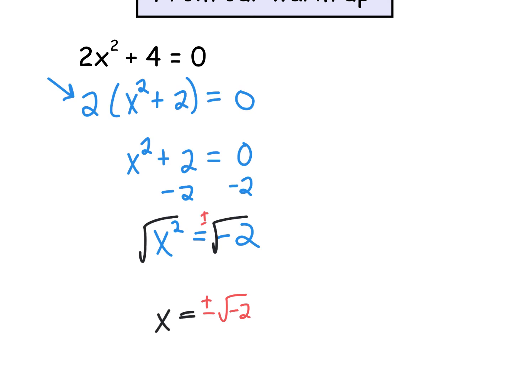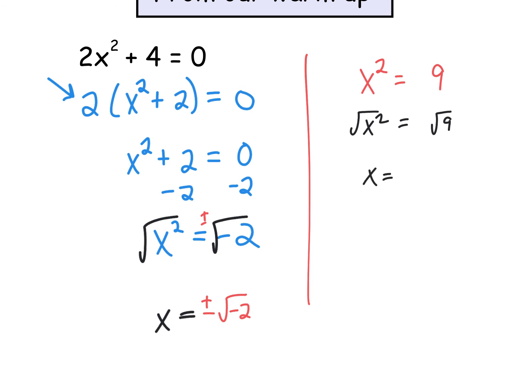let me just do a side example real quick. If you had something like x squared equals 9, a lot of people would just say, all right, we'll take the square root of both sides and get x equals 3. And that's not wrong, okay? The only problem is that's not the only solution.